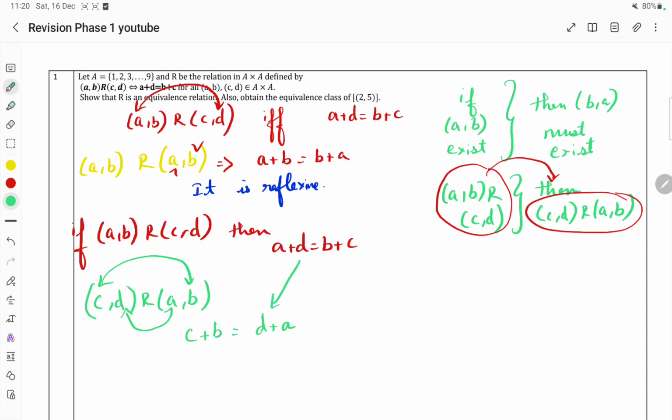Here b will come, not d. If we check, these two things are true, because a plus d equal to b plus c, which we have taken as true, means c plus b will be equal to a plus d. Both are the same. So this also belongs to the relation, which means it is symmetric.